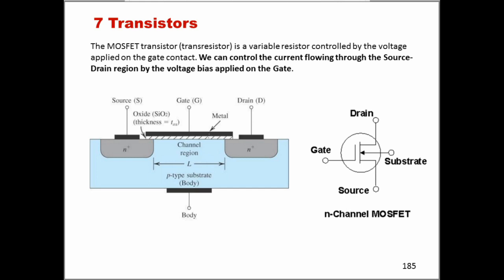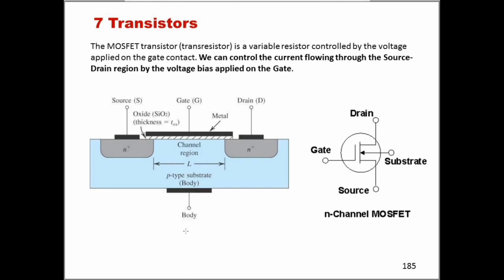And then on top is our gate stack with the metal gate and an oxide in between the metal gate and the silicon substrate, the channel. This is clearly a three-terminal device, source, drain, and gate. Sometimes we may have a contact also on the body of the system, could be generally grounded.